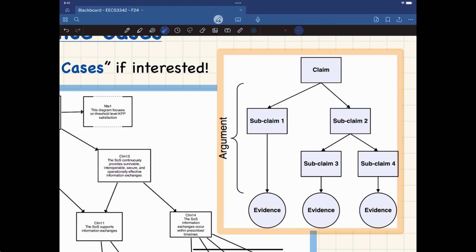Let me give you one example. It may be that you want to show that your particular system is really fit for use. That's the claim I want to do overall. And now, how can I divide the fitness into two subclaims? Let's say I decide to do the following. Number one, my system should be correct. Number two, my system should be efficient.